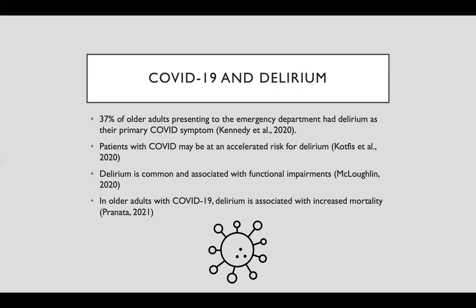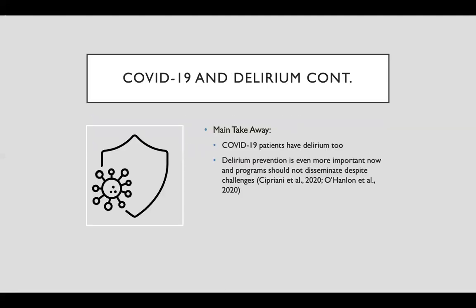In older adults with COVID-19, delirium is associated with increased mortality. Delirium has also been found to be underdiagnosed during this time. And we already know that delirium is associated with functional impairments, so we need to be managing it now with COVID too. So those are some of just the main points that I found from the literature.